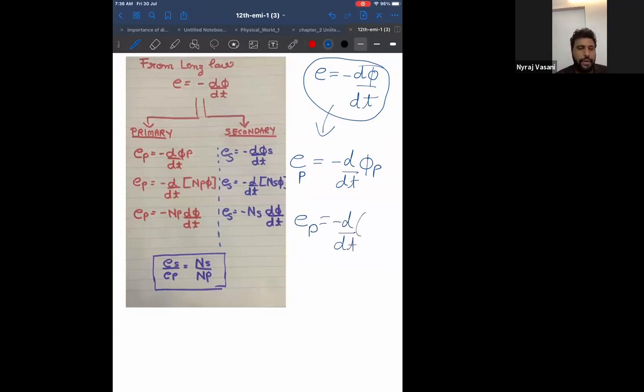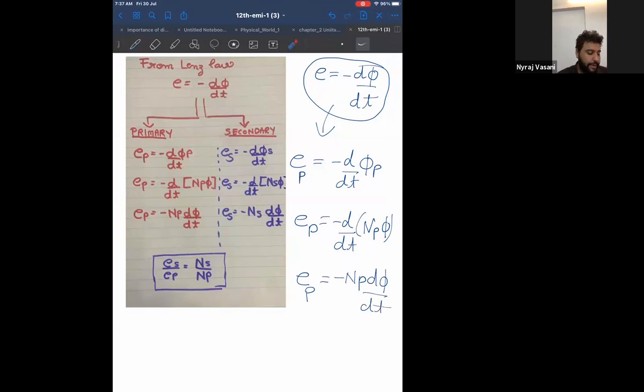Check the diagram. Yes. What is the formula for flux of primary? Total number of turns in the primary into overall flux, correct? Or can I say total EMF of primary is equal to minus NP, I will take it outside. Minus was anyway outside. Number of turns is constant, so I take it outside. Minus NP d phi by dt.